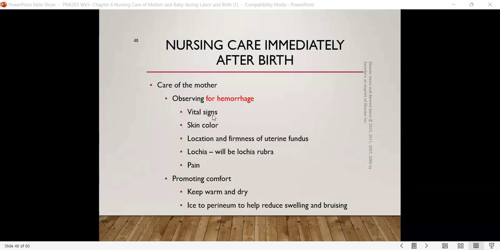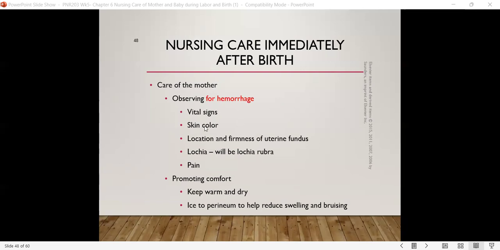Do the vital signs. What's her blood pressure? What's her pulse? I want to make sure that everything's within norm, because it's very normal after birth that the mom's heart rate goes down. And so we want to make sure that it's still okay, and we want to see if it goes down. Make sure she doesn't go tachycardic on you, because that would be a sign of a hemorrhage.